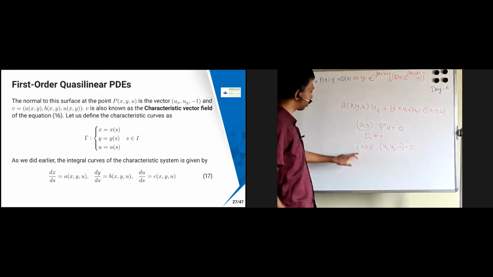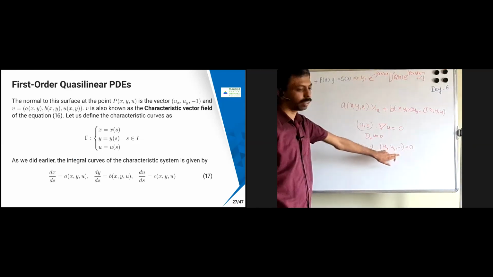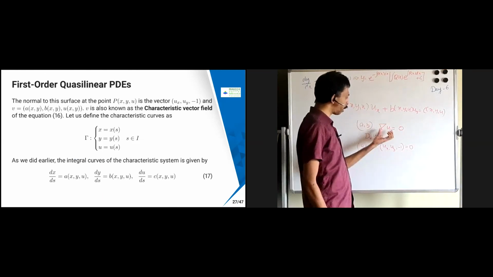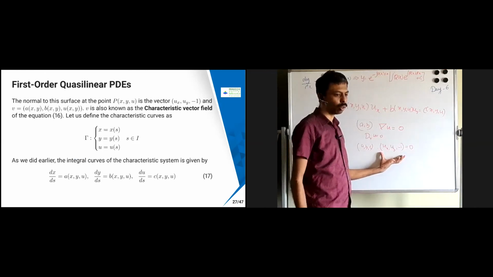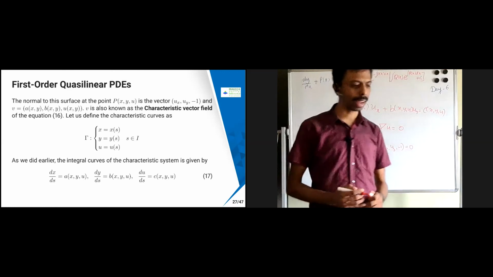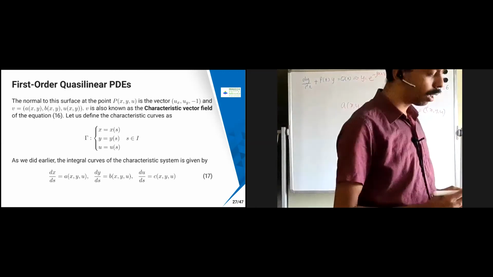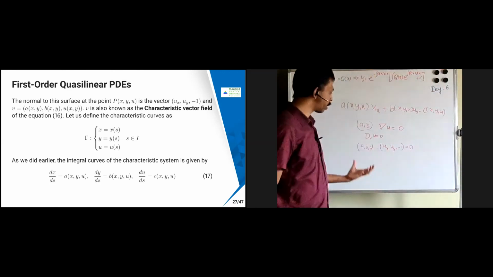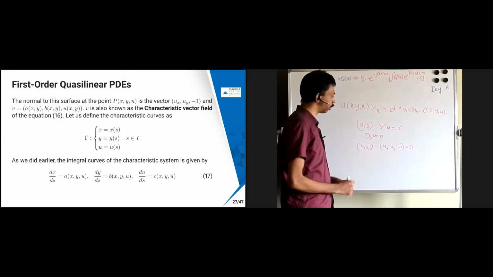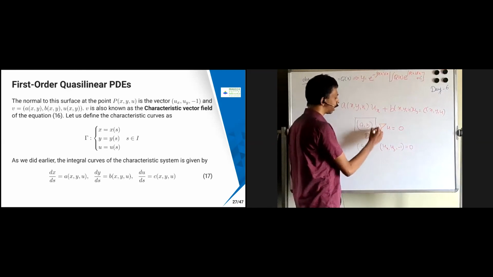A into ux plus b into uy minus c. So almost the same kind of things I am going to do. Instead of this del u, I have another vector, ux comma uy comma minus 1. In that direction, I am trying to find what the direction is. This is nothing but my characteristic direction.